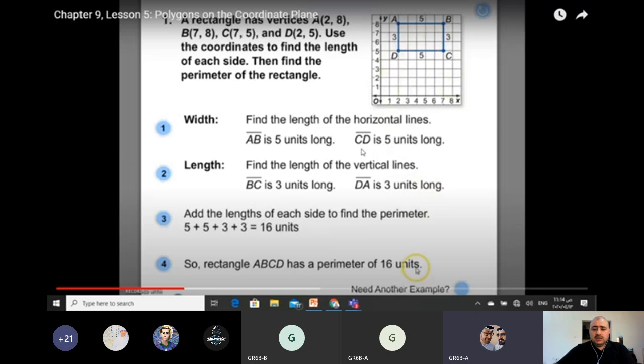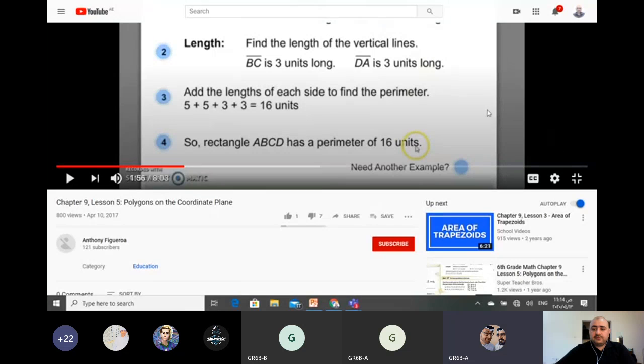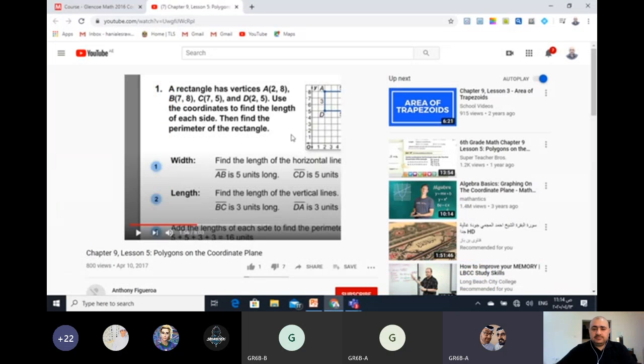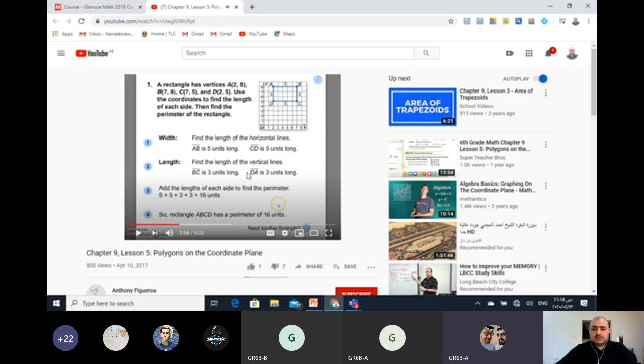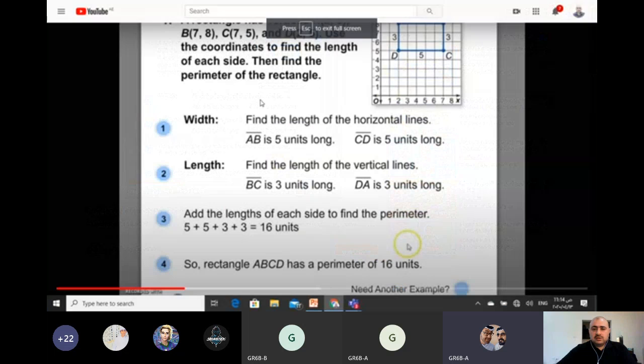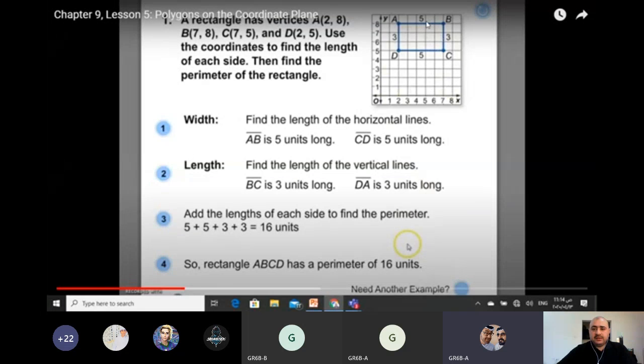And if you want to solve the area, as you know, the area of the rectangle is length times width.